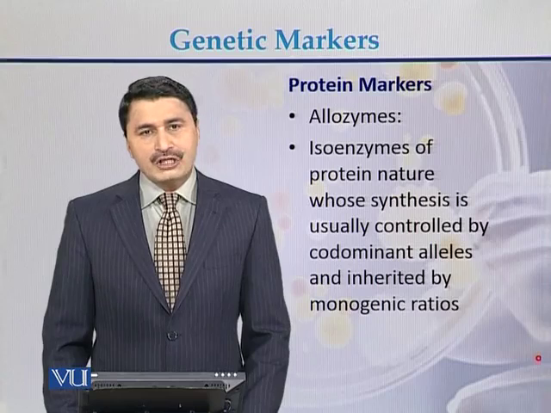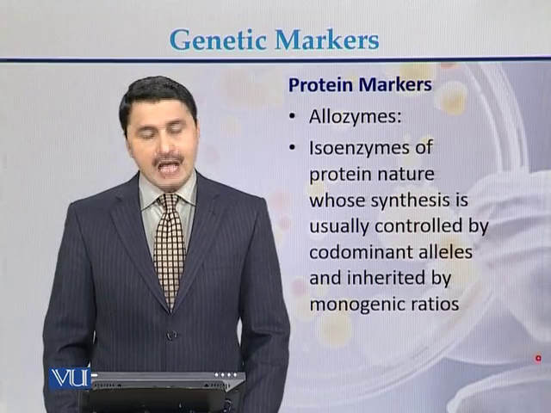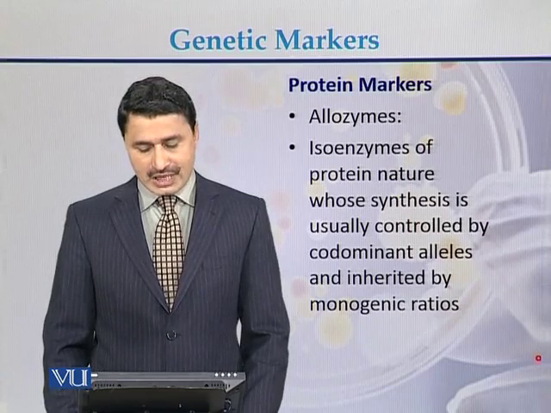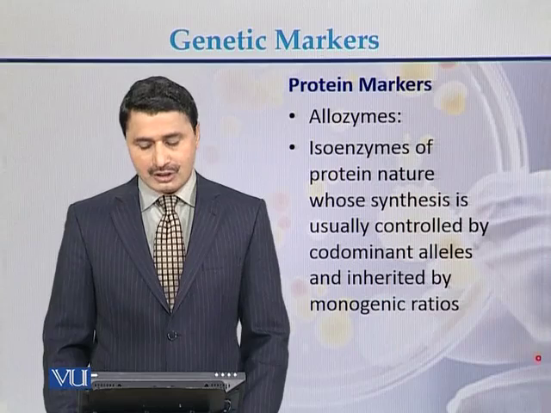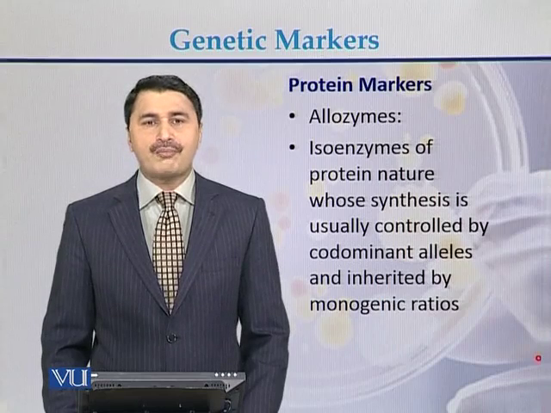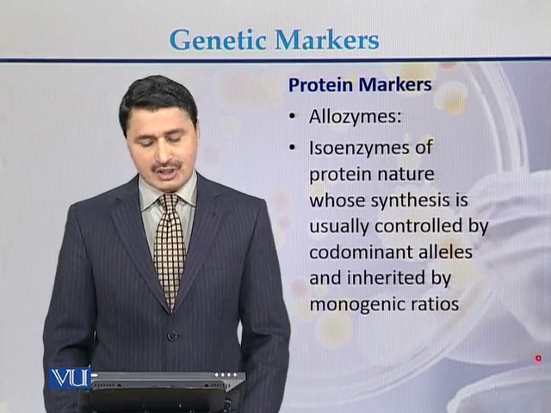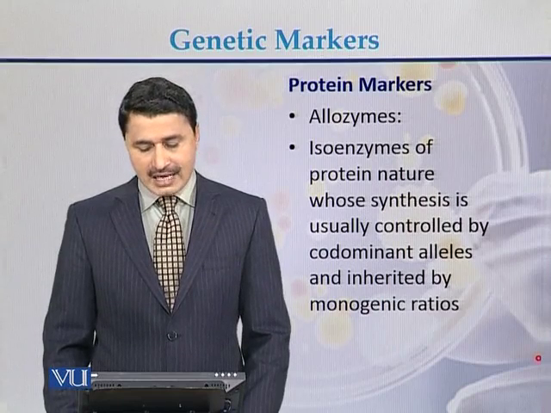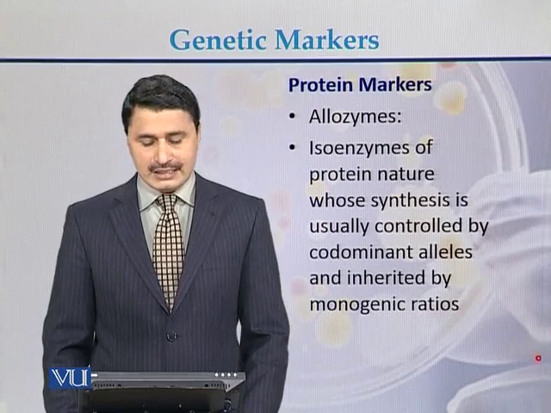Now, what are protein markers? Protein markers can be in different forms. They can be allozymes, like isoenzymes of protein nature, whose synthesis is usually controlled by codominant alleles. So these are the type of enzymes which are called isoenzymes, and their synthesis is usually controlled by codominant alleles.